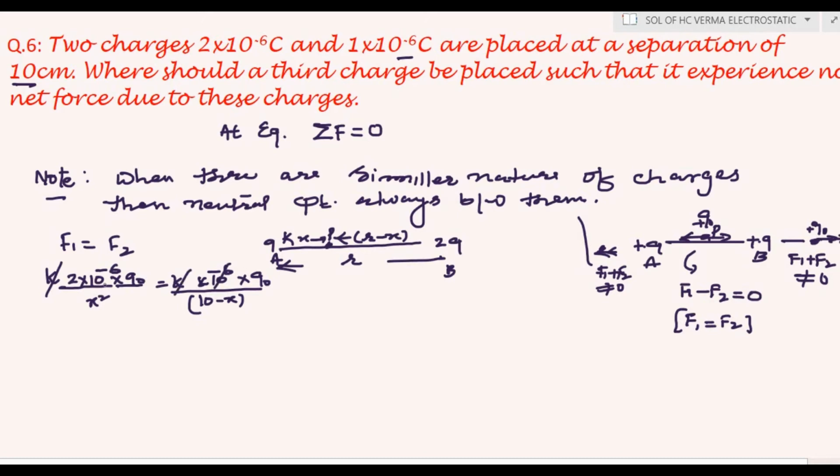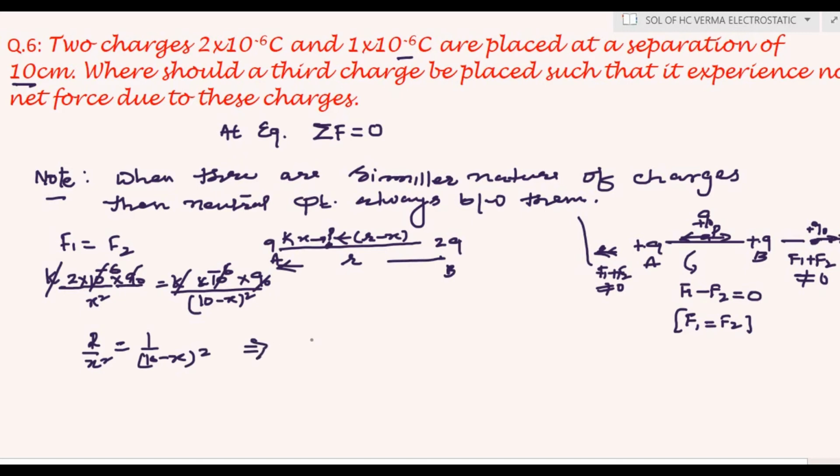Now K and K will cancel out, 10 raised to power minus 6 will cancel out, Q0 and Q0 will cancel. What is rest now? That is 2 by X square is equal to 1 upon 10 minus X whole square.